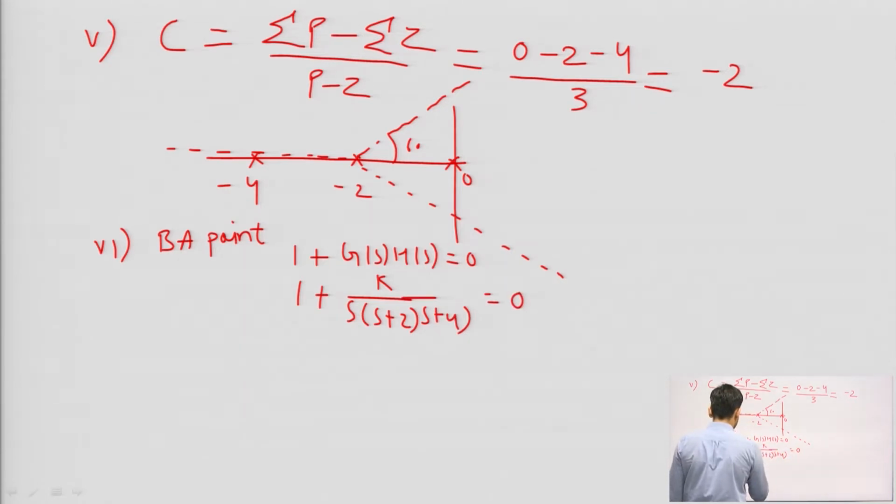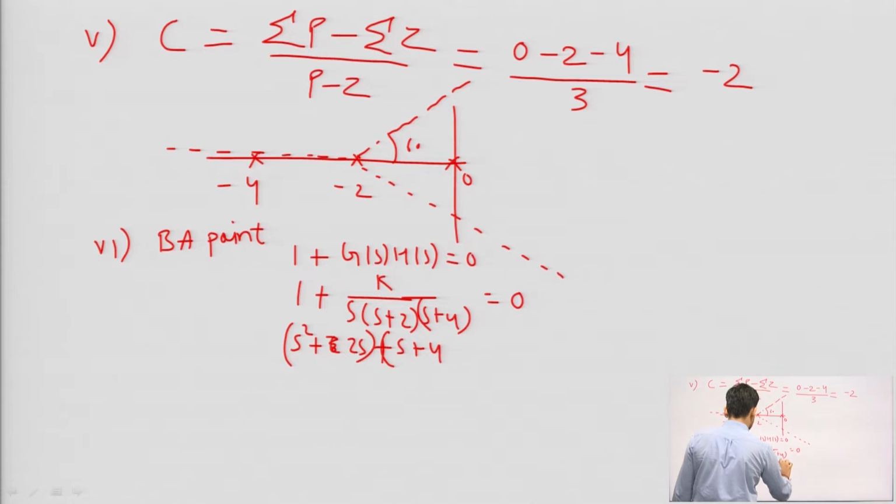This will give you s square plus 2s, and if you further solve it, s square plus 2s multiplied by (s+4), and further if you multiply it, you will get s cube plus 4s square plus 2s square plus 8s.